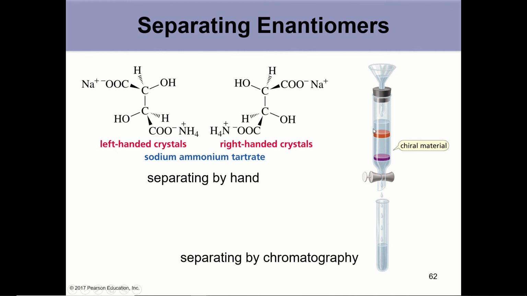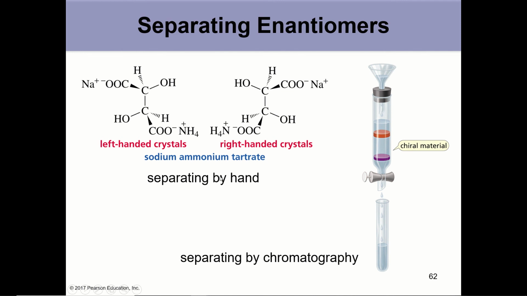We've mentioned already that we can separate enantiomers, but how can we separate enantiomers? We separate enantiomers by converting them into salts. The crystals of the salts can be separated by a chiral material in a column and separated by chromatography.